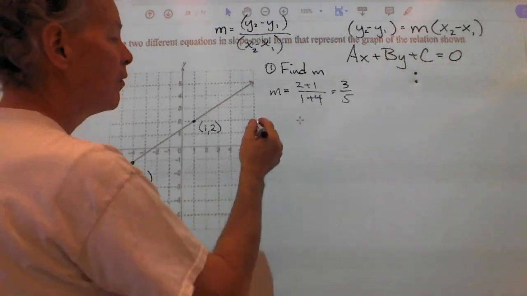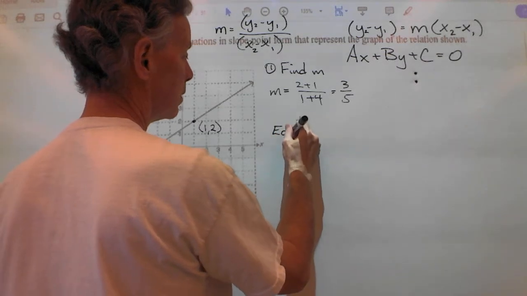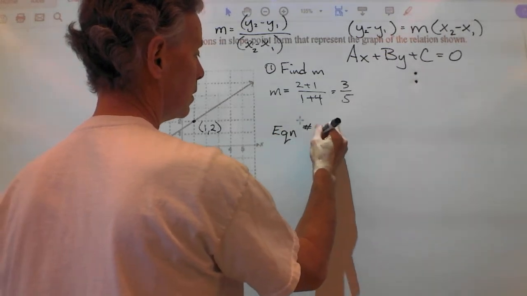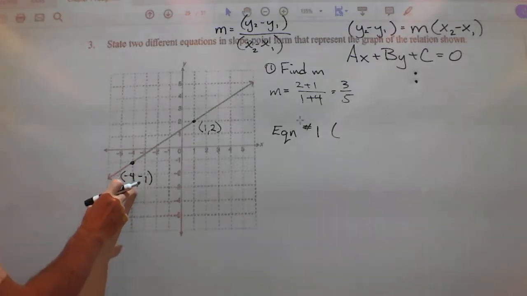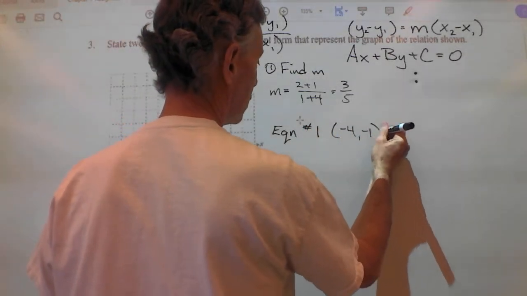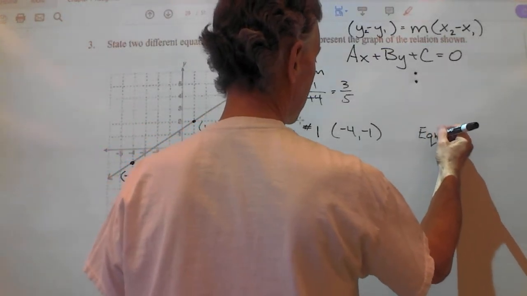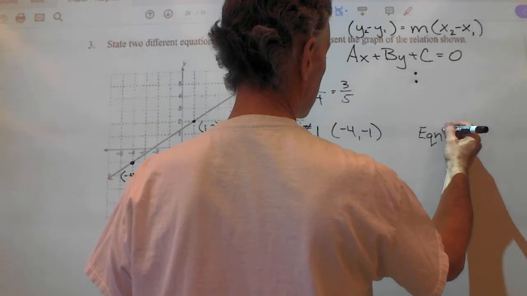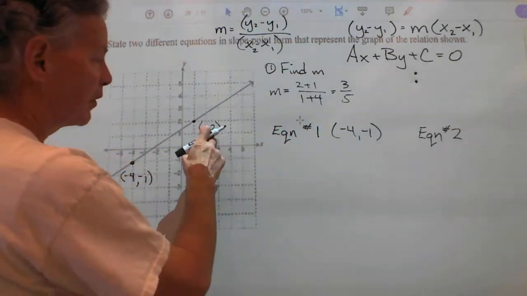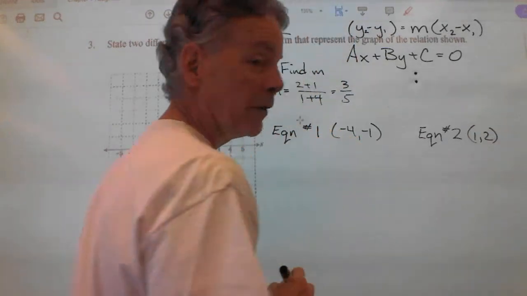Okay, so for equation 1, we're going to use this point, -4 and -1. For our equation 2, because they've asked us for 2 different equations, we're going to use our other point, 1 and 2.